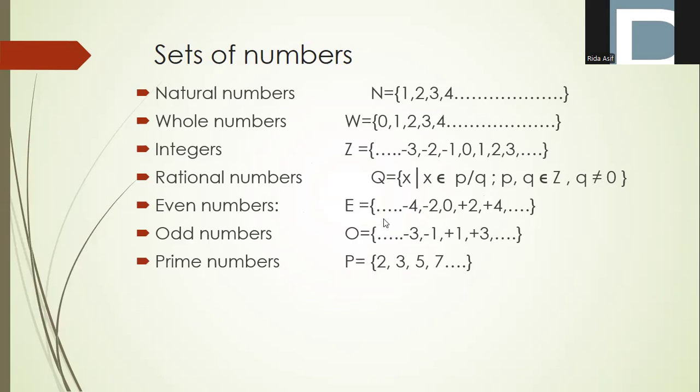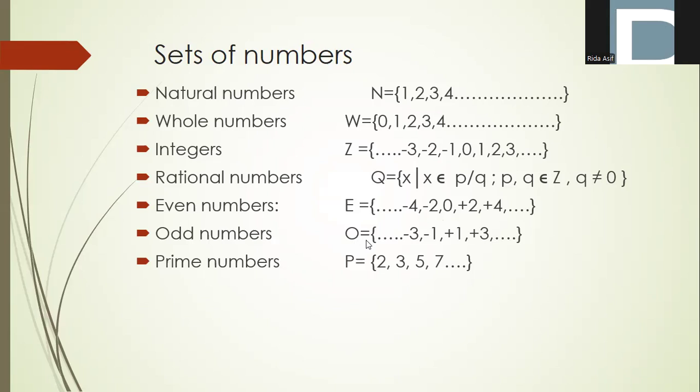Even numbers, we all know, include positive even numbers as well as negative even numbers along with zero. We can always remember that zero is always included in even numbers, not in odd, right?